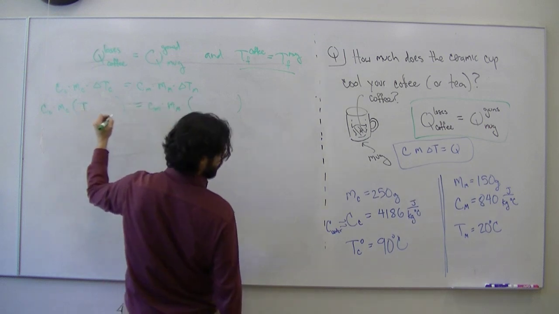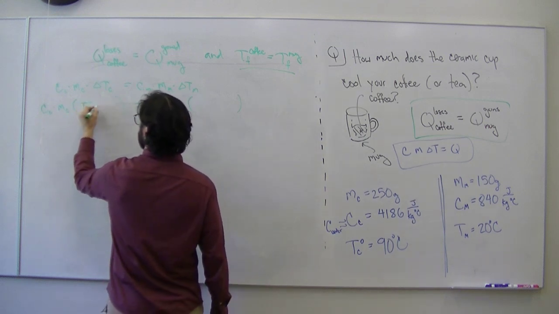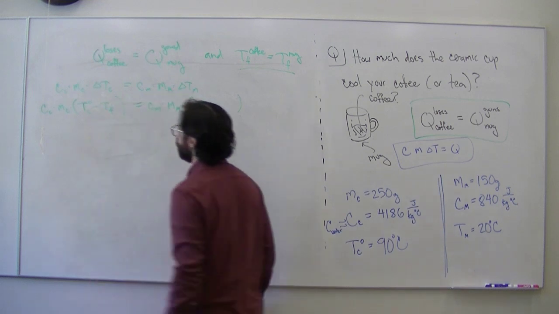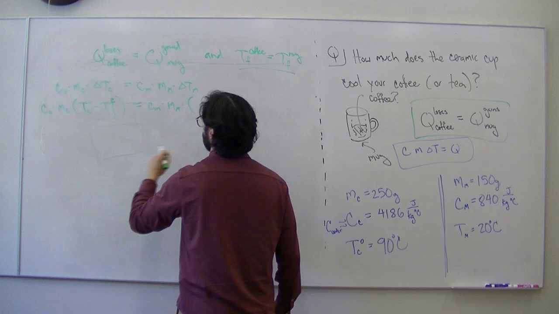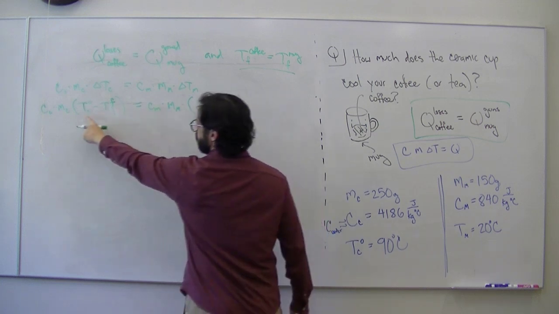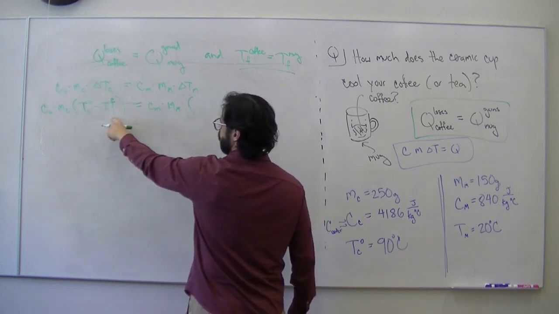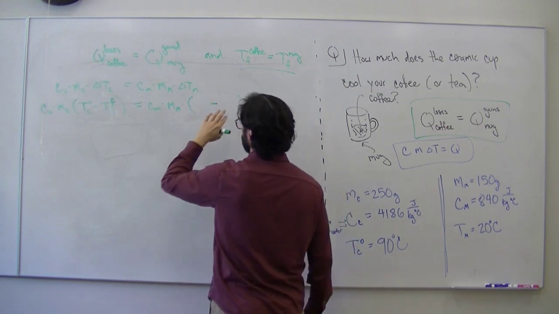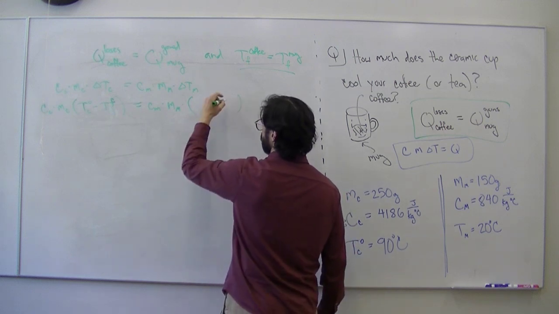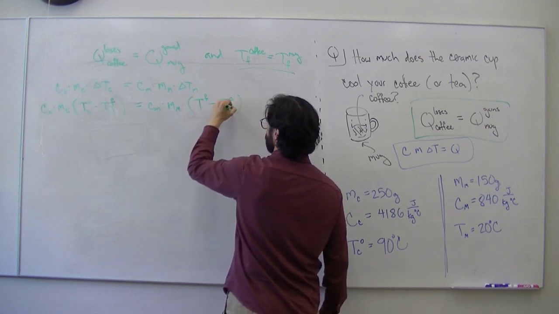So using the same notation, T naught minus, they're both final, so I'll just say TF. They share that final temperature. Okay. And then that's positive because it starts hotter than it ends. I need to make this positive too. So in that case, the delta would be it starts cooler than it ends. So that would be TF minus T naught mug.